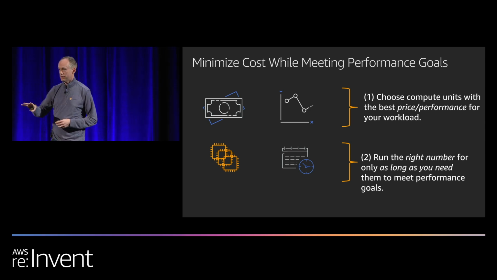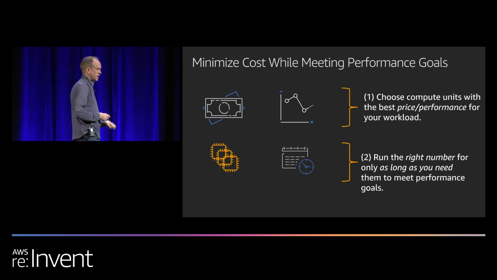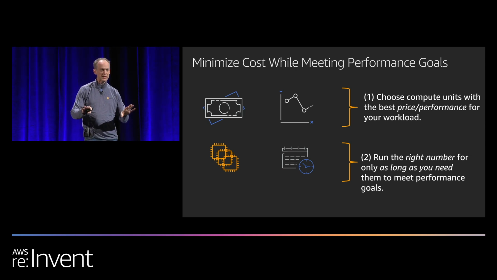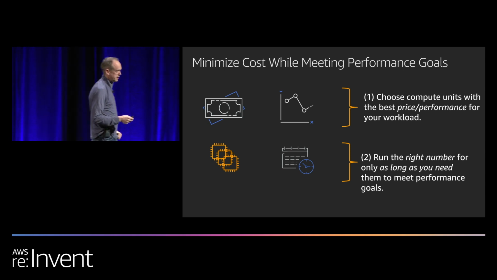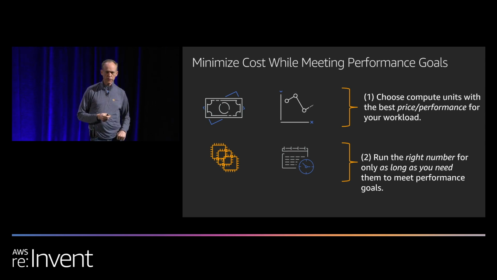These 4 factors drive both performance and cost. So if your goal is to minimize cost while meeting performance goals, then you really have 2 different activities that you need to do. The first activity is to pick the compute units so that you're getting the best price to performance for your workload.